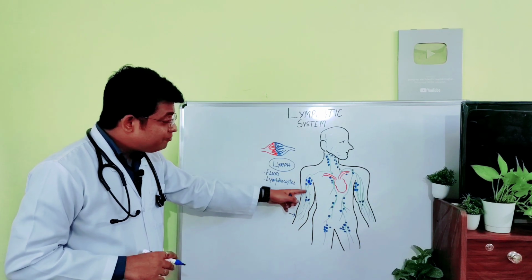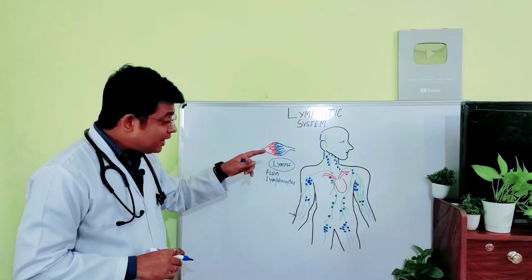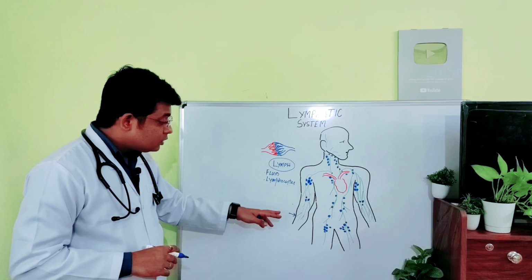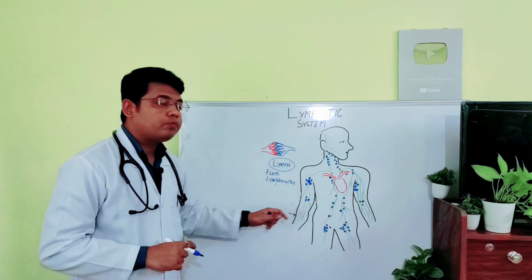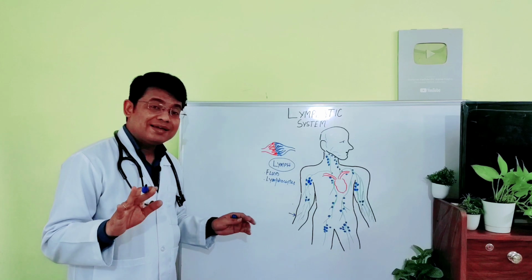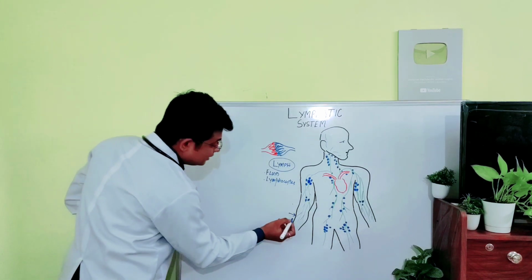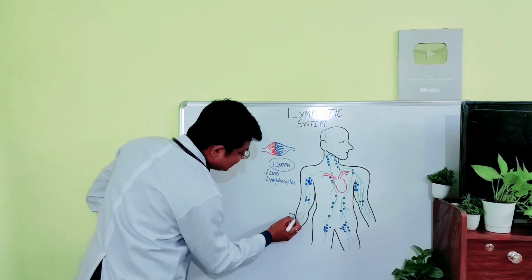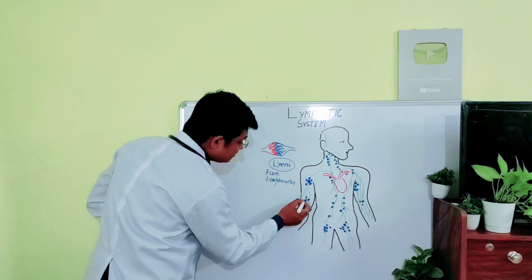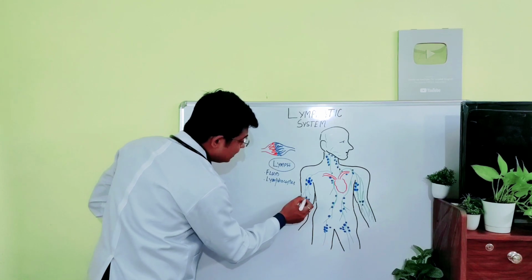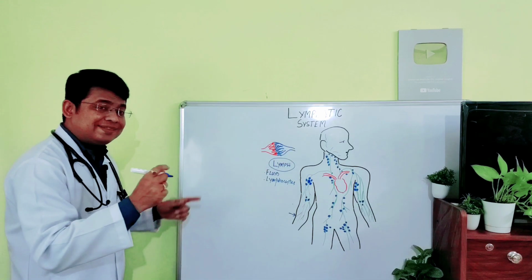The lymphatic system helps to get rid of the bacteria which has just entered our body. How does it eliminate those bacteria? First, when the bacteria enters our body, it travels through the lymphatic system and reaches the draining lymph nodes in that region.